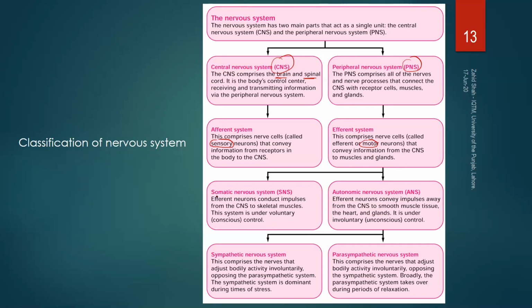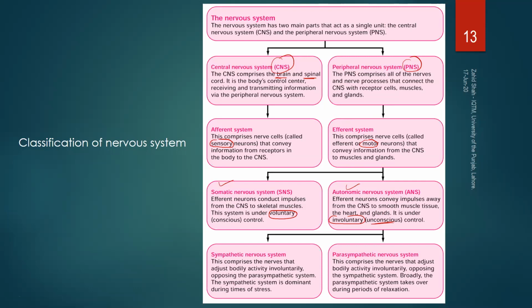The peripheral nervous system has two further types: the somatic nervous system and the autonomic nervous system. The somatic nervous system is under voluntary control, and the autonomic nervous system, as the name implies, is not under voluntary control. So it is under involuntary or unconscious control.